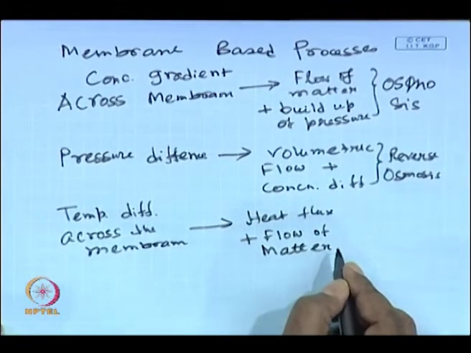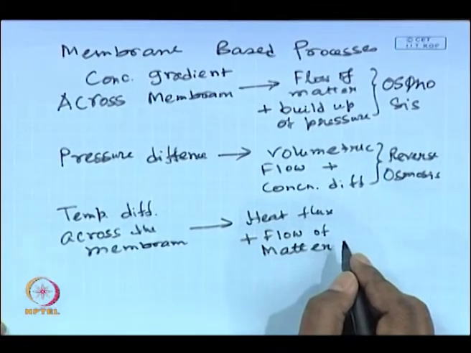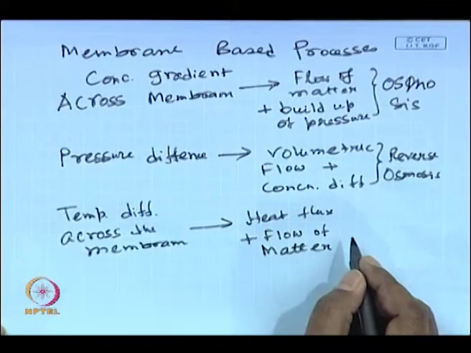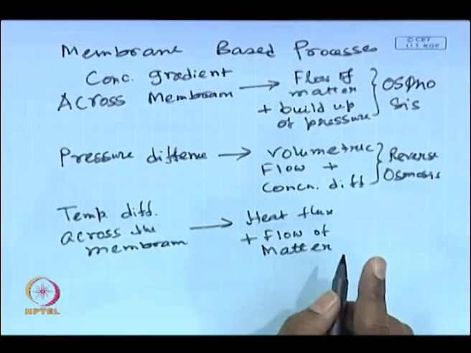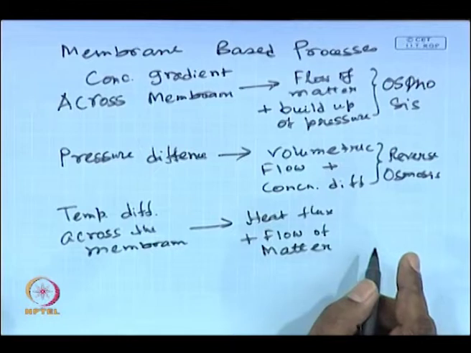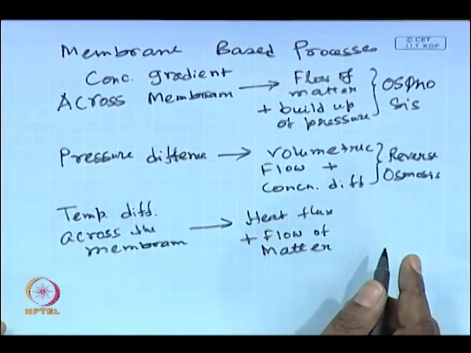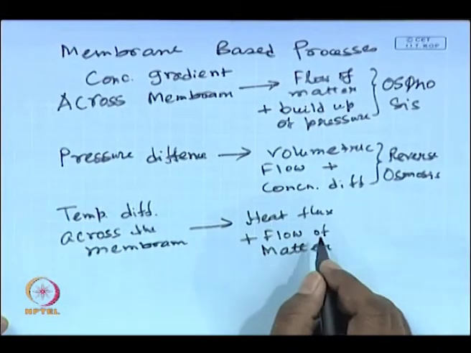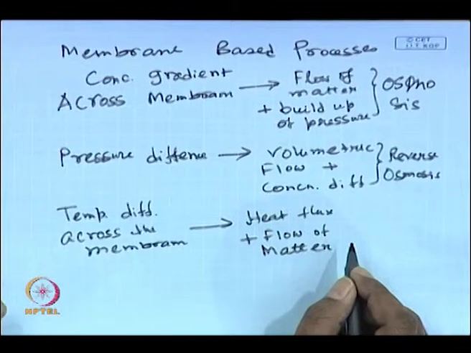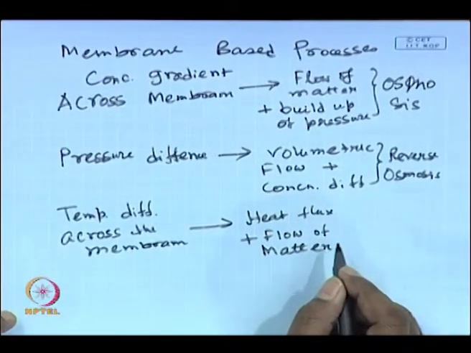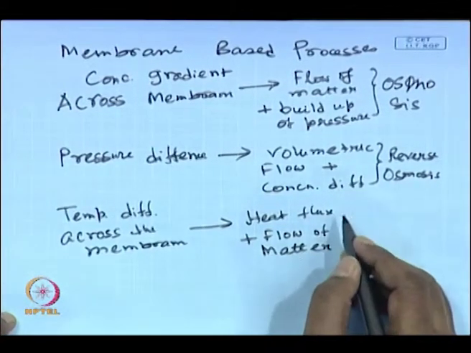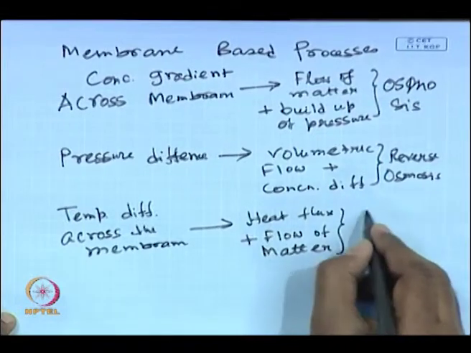That simply means if you do not do anything, if you just maintain two different temperatures in the feed side as well as in the permeate side, there will be a flow of matter. The solvent will be moving from the feed side to the permeate side, along with the heat flux. Since there is a temperature difference, there will be a heat flux by Fourier's law. This combined effect is known as thermodiffusion or the Soret effect.